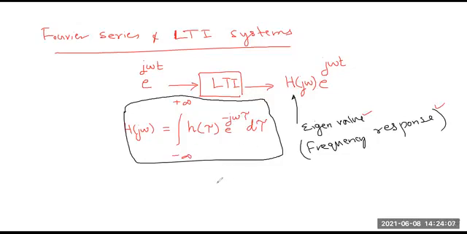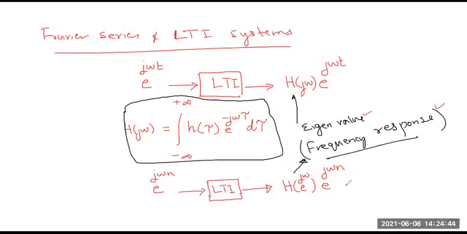Similarly, for discrete time LTI systems, now if the LTI system is discrete, and if we apply an input like this, e to the power j omega n, the output of the LTI system is very simple. It is the same input multiplied by a function that I'm going to represent in this form. Again, this function is the eigenvalue, or you can call it the frequency response of the LTI system.